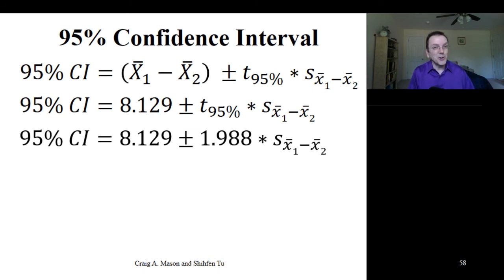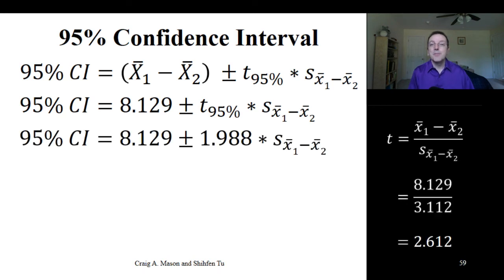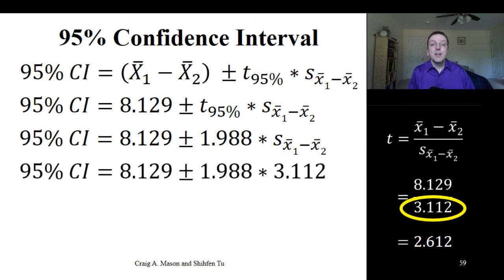Okay, so what's the standard error of the difference in means? Remember, that was the denominator in our t-score formula. So it's down here, it's that 3.112. So let's plug that in and solve. The 95% confidence interval, then, is 8.129 plus and minus 1.988 times 3.112.